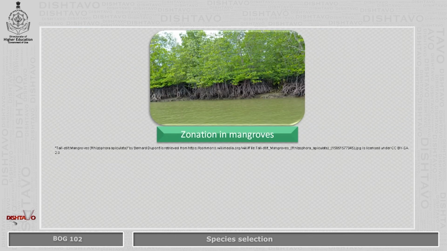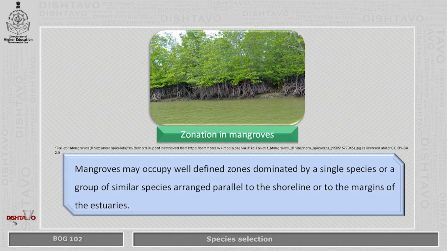Zonation in mangroves. The mangroves may occupy well-defined zones dominated by a single species or a group of similar species arranged parallel to the shoreline or to the margins of the estuaries.